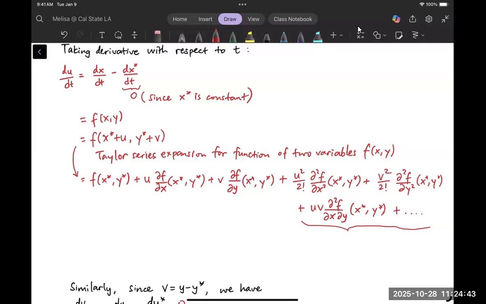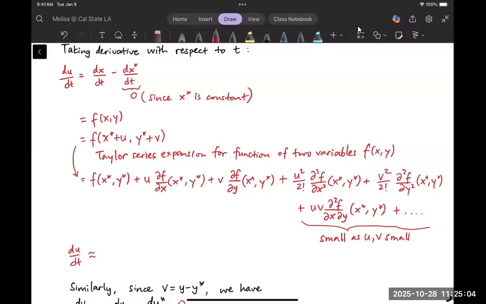Same thing with phi. So we can say these quantities are small as u and phi are also small. That means your du dt can be approximated by just these three terms over here.